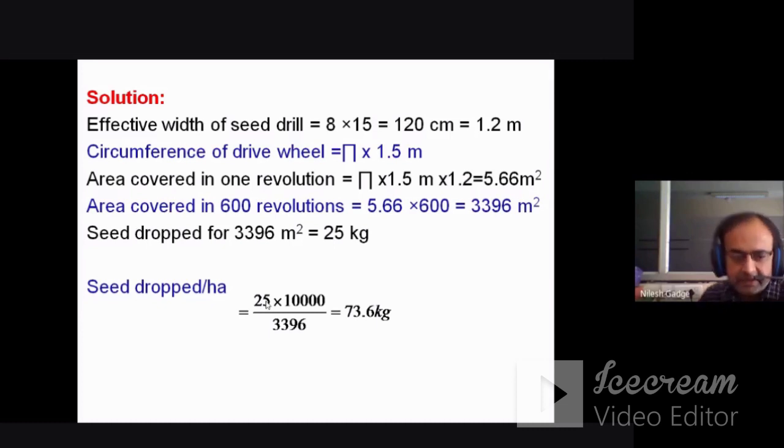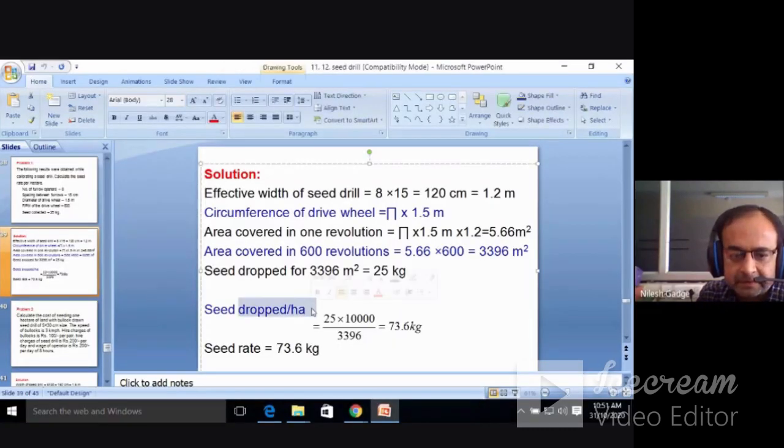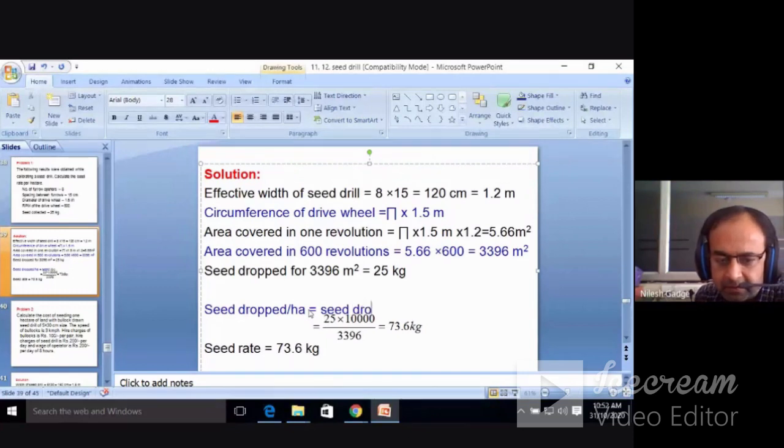Okay, I will tell you how to do this in the slide. How to calculate? Seed collected or dropped divided by area covered.